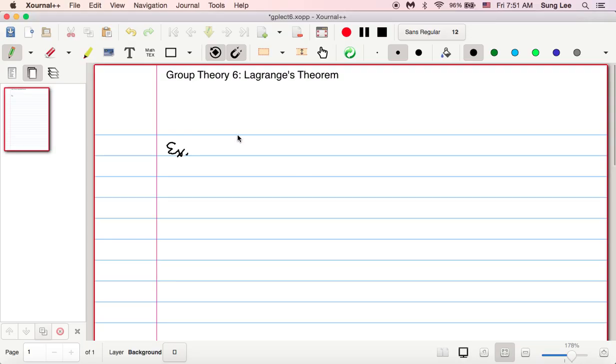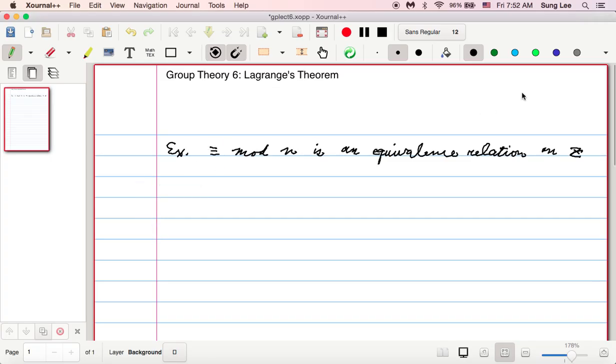Example. This congruent modulo n is an equivalence relation on Z. So that's what we want to check, right?